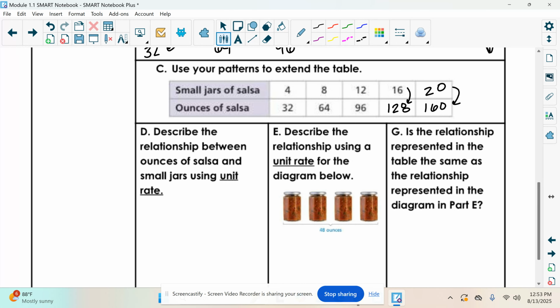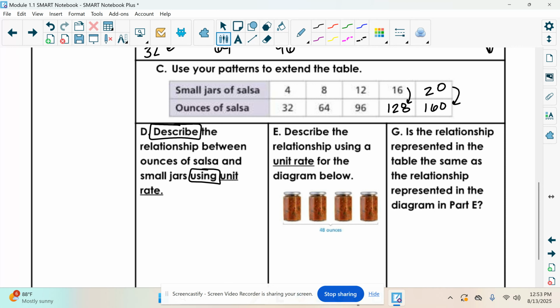What are you doing? You're describing. You're describing and you are using as well, okay? But the first verb here is the describing. That's what it wants you to do. And they want you to use the unit rate to describe it.